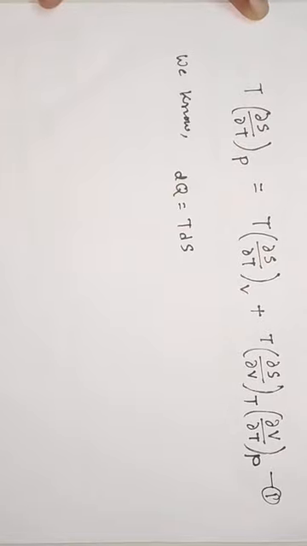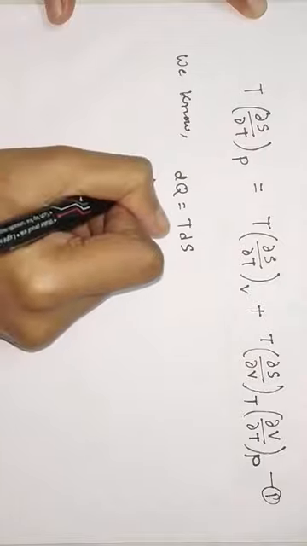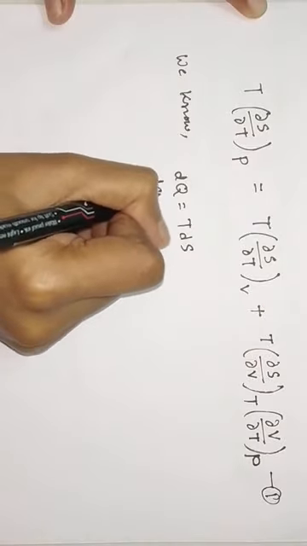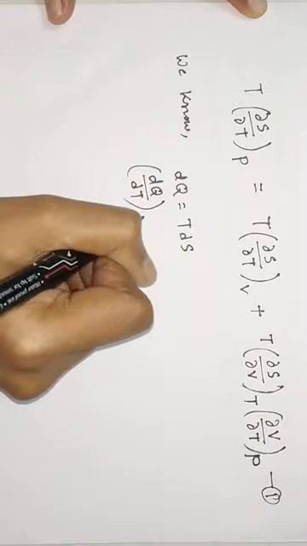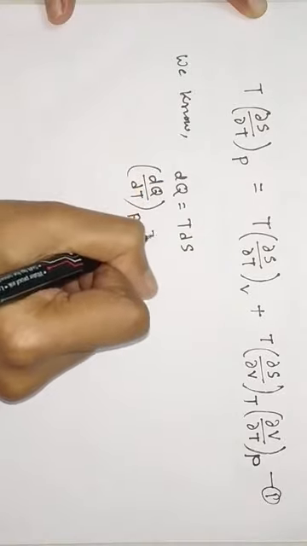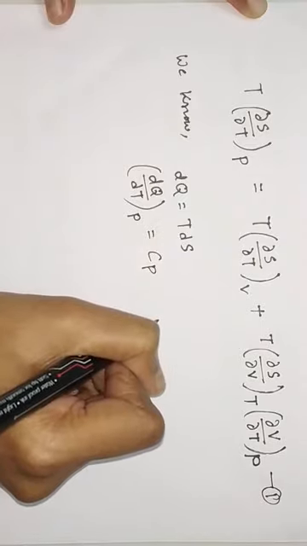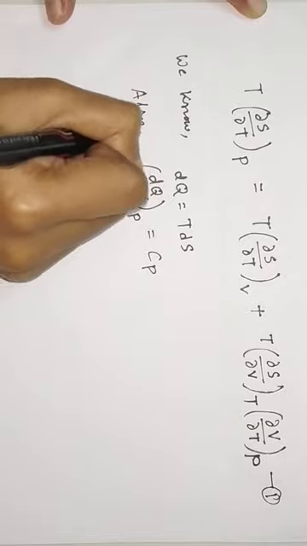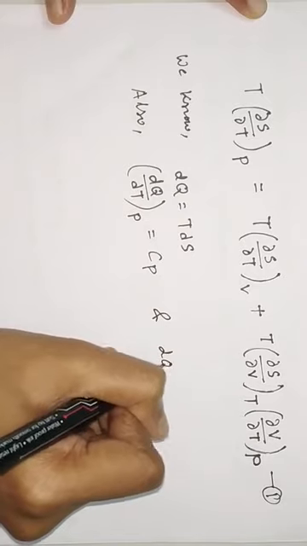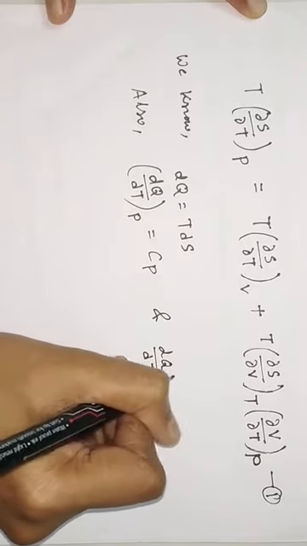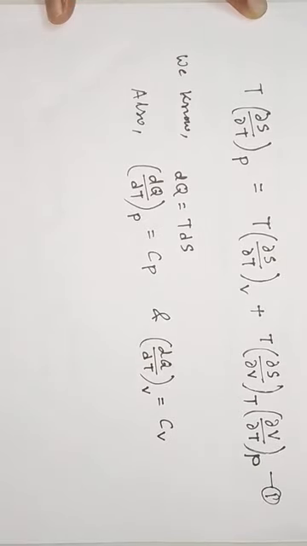And we also know that dq/dT at constant P is Cp, and dq/dT at constant V, volume, is called Cv.